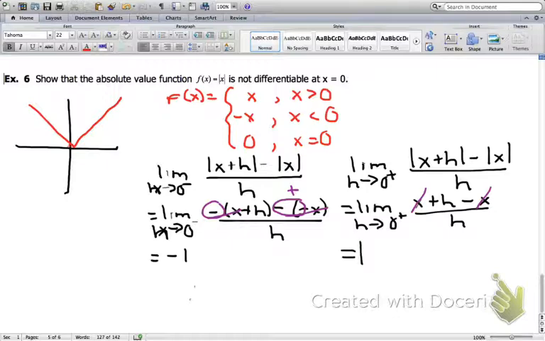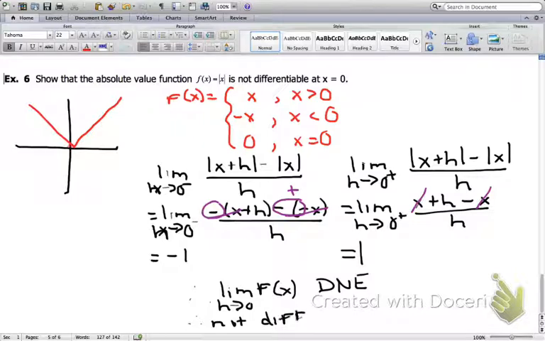Therefore, since we have one side approaching negative 1 and one approaching 1, the limit of f of x as h approaches 0 does not exist, and therefore it is not differentiable at x equals 0.